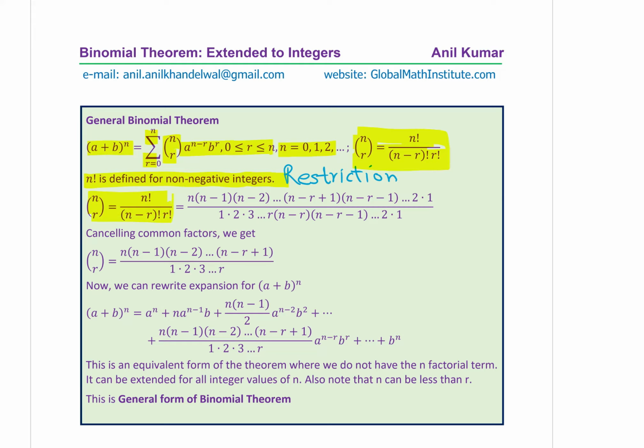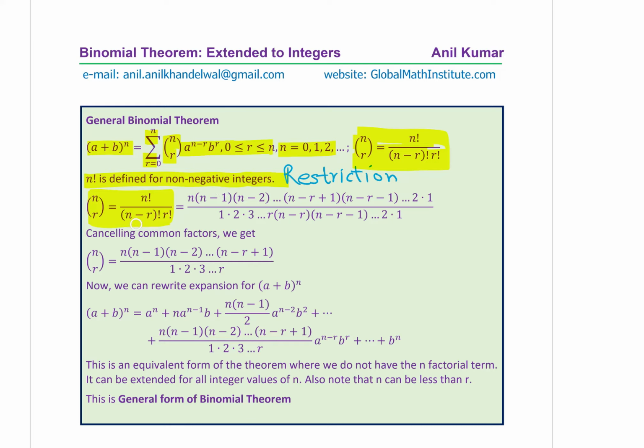So n choose r, which I say nCr many times in short form: n factorial means n times n minus 1 times n minus 2 and so on. In between we could have terms like n minus r plus 1, n minus r minus 1 and so on till 1, correct? All natural numbers when multiplied till n is what n factorial is.